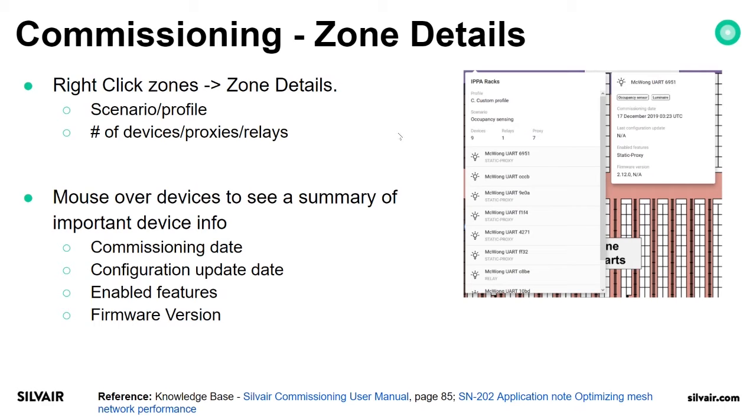Here we talk more about zone details and what you can see when clicking in the mobile app. This screenshot, I believe, is from the web application. I was showing this in the previous presentation. Such a menu is not available on the mobile app.